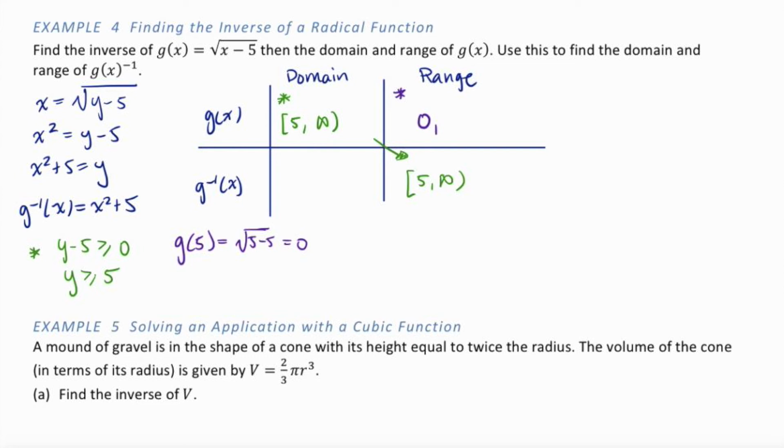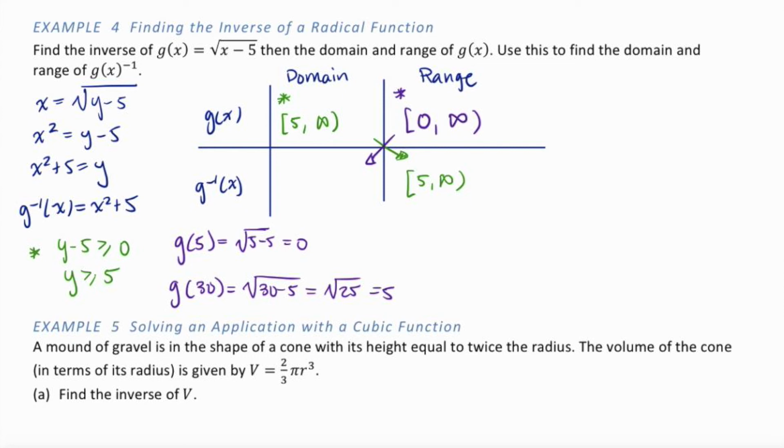What happens as we get larger? Let's try evaluating, say g of 30. We end up with the square root of 30 minus 5 equals the square root of 25 equals 5. And we can keep going. I can put in 105 and we'll end up with 10. And we can just keep putting in larger and larger values and we'll get closer and closer to infinity.